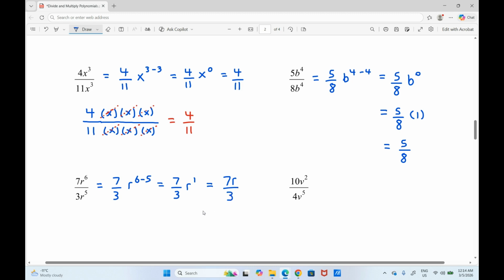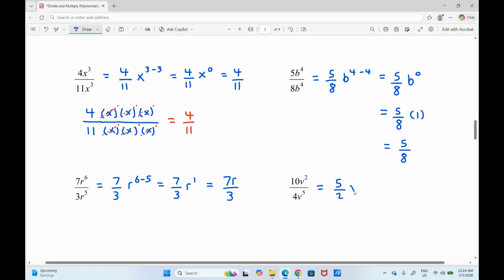divided by 3. Okay, for this one, I can simplify this. So 10 divided by 4, I could divide the top number by 2 and the bottom number by 2. That would get me 5 divided by 2. So I can simplify the 10 divided by 4 as 5 divided by 2.